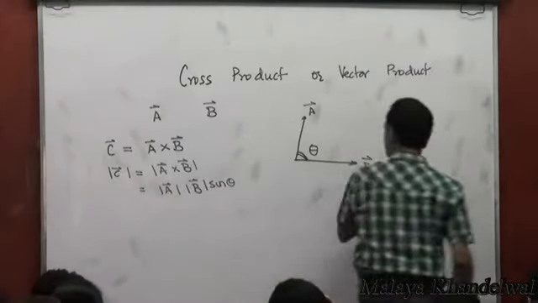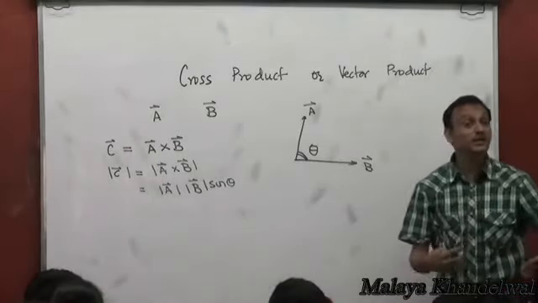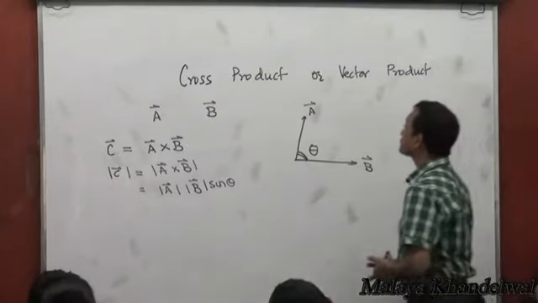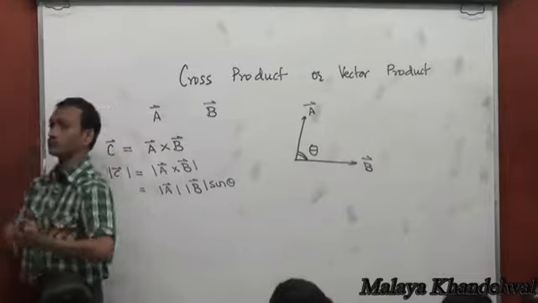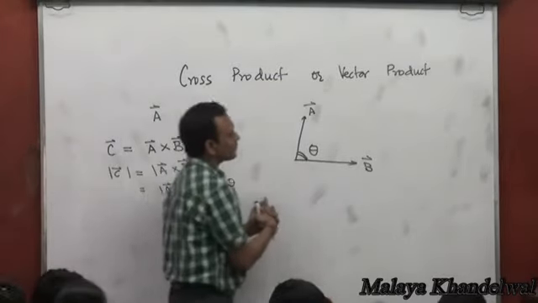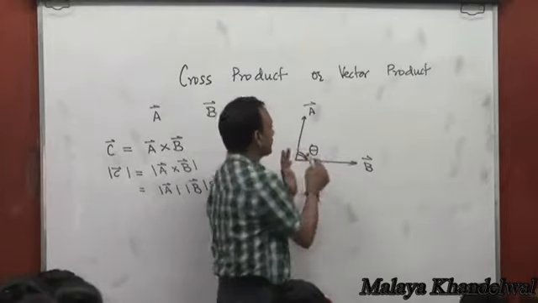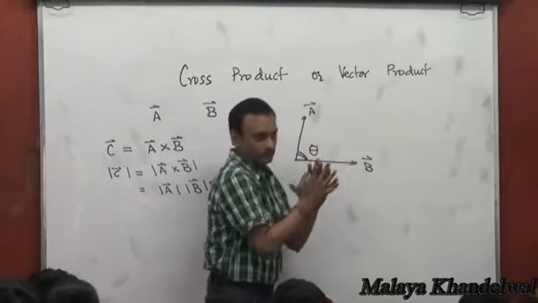Now, there must be a direction for C, right? The direction for C can be obtained as follows. Look, A and B together will lie on a certain plane.